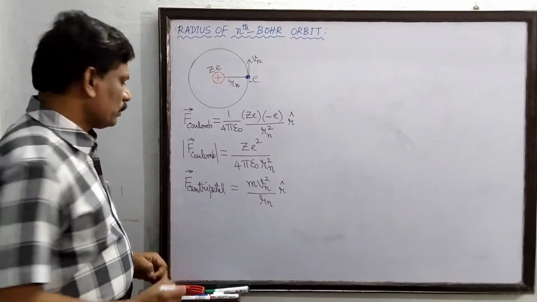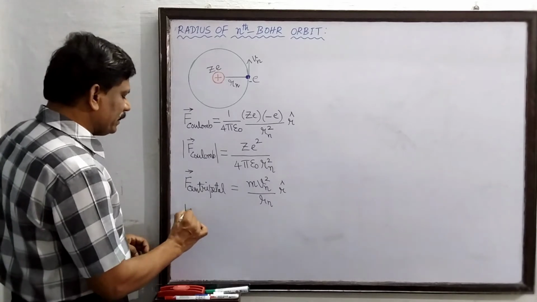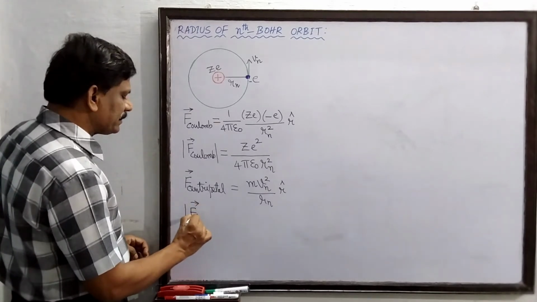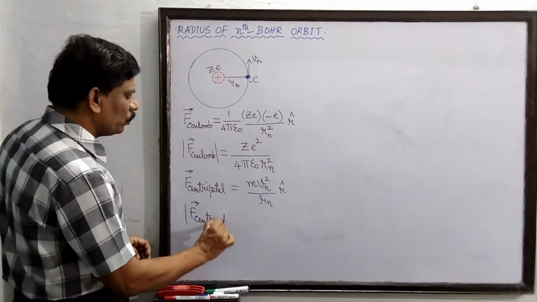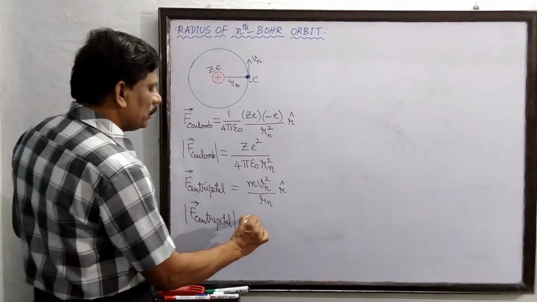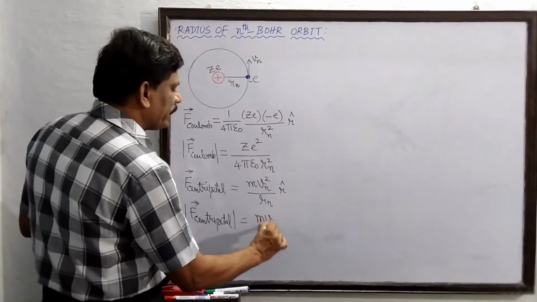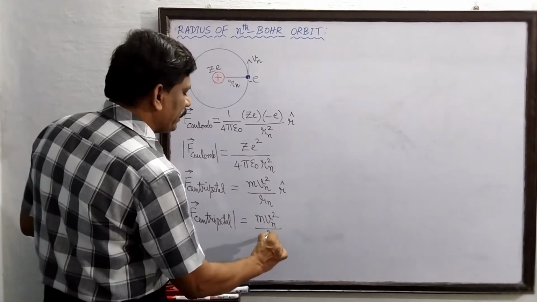Now the magnitude of this centripetal force: I will rewrite this in scalar form. The centripetal force in magnitude will be equal to m Vn square divided by Rn.